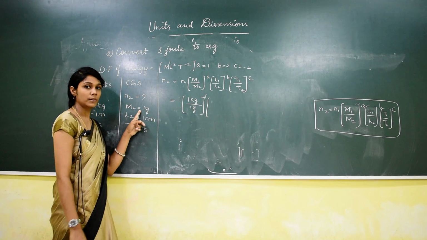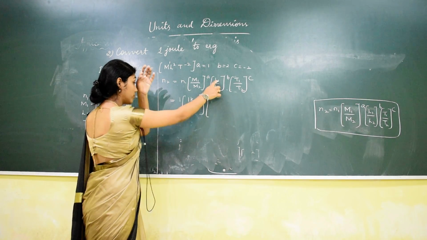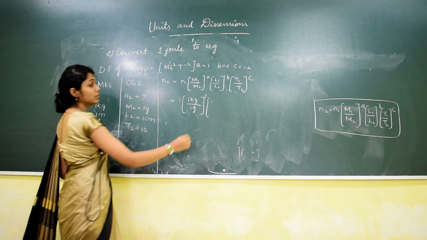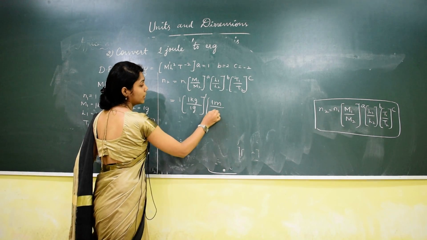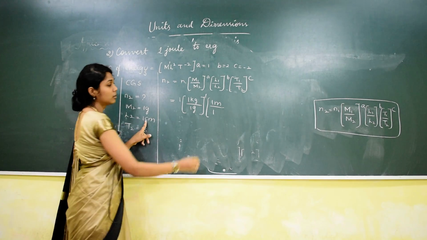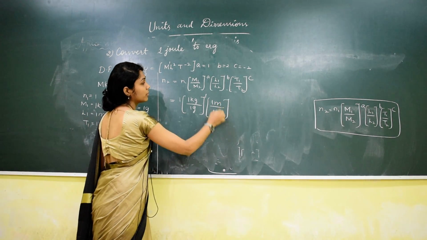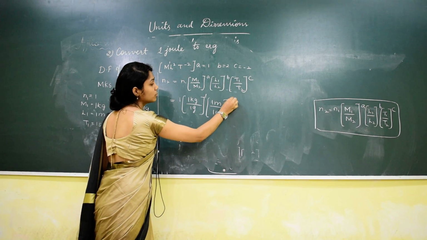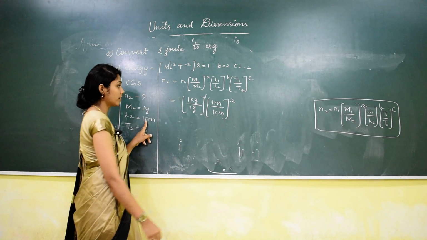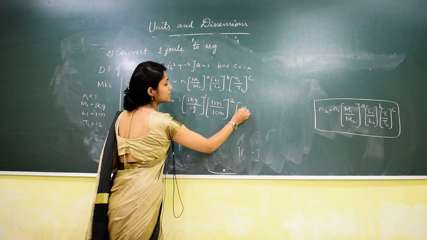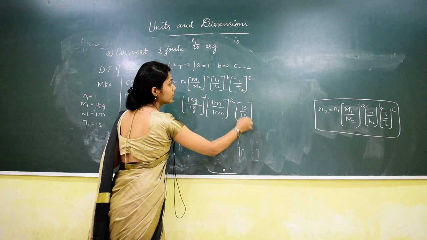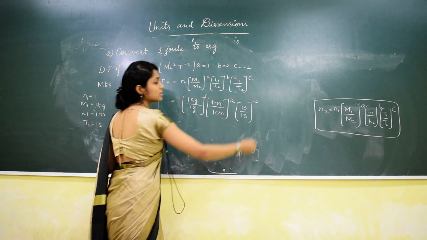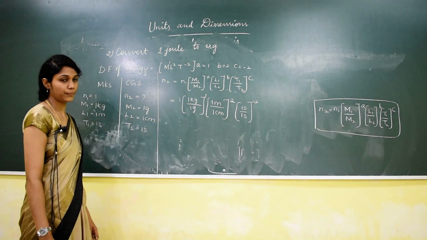A is equal to 1. L1 is 1 meter divided by 1 centimeter raised to b. B is equal to 2 here, and T1 is 1 second, T2 is also 1 second, raised to c. C is equal to minus 2.